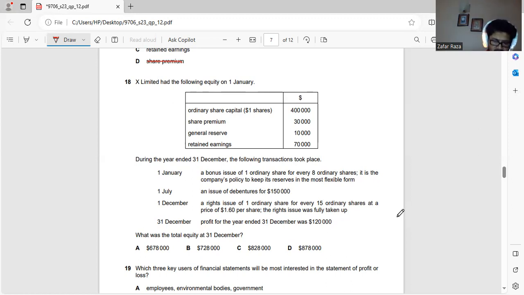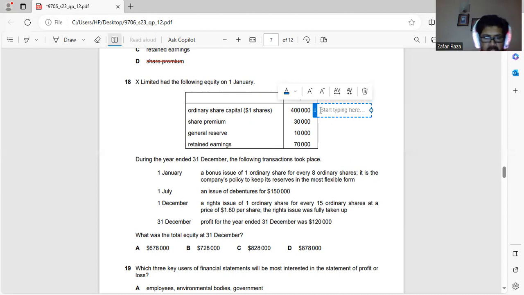So if we have 400,000 shares divided by 8, it means we have issued 50,000 ordinary shares of $1 each as bonus. So in the capital, we add $50,000 for the bonus issue, and that 50,000 we have to pay from share premium.